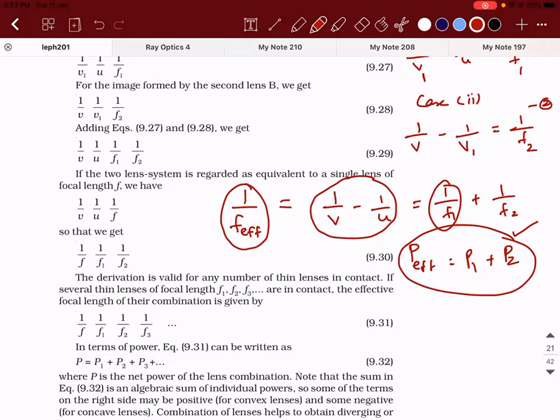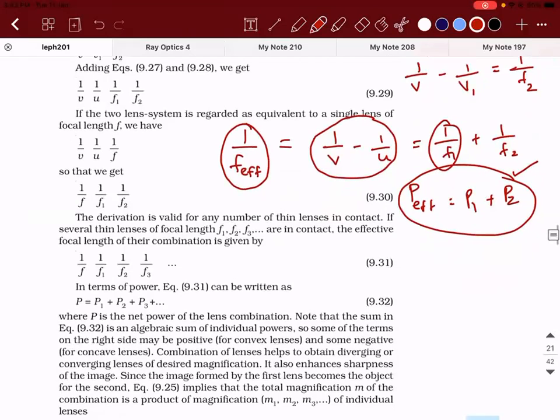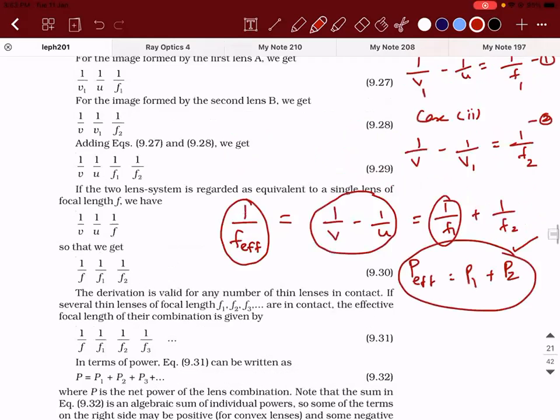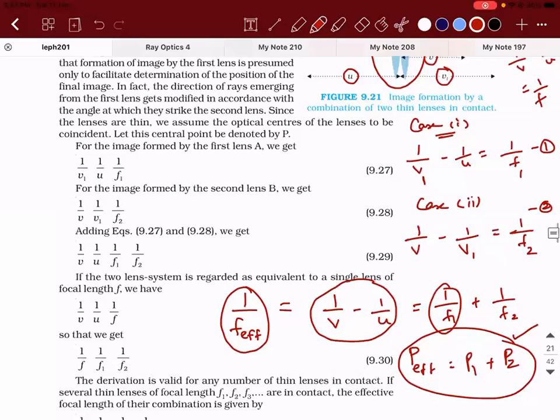With proper sign convention. Okay. Is it clear till this step? Yes, sir. Yes, you can handle problems, right?